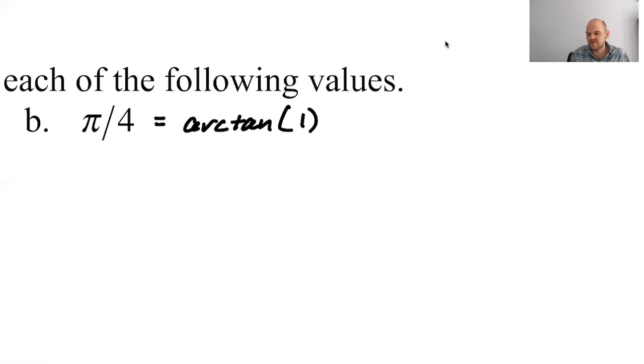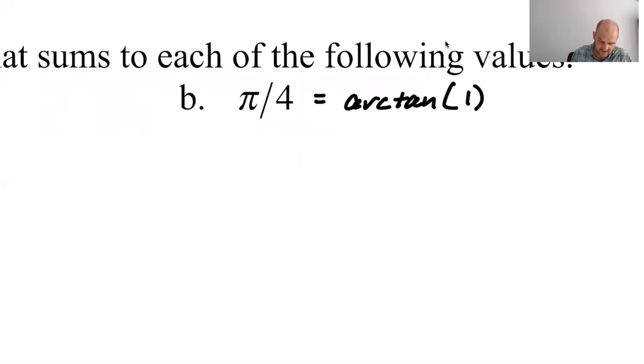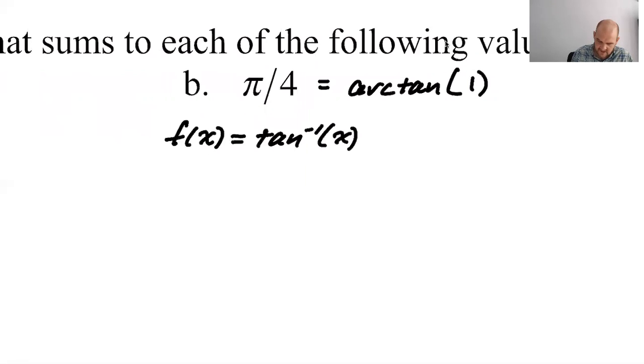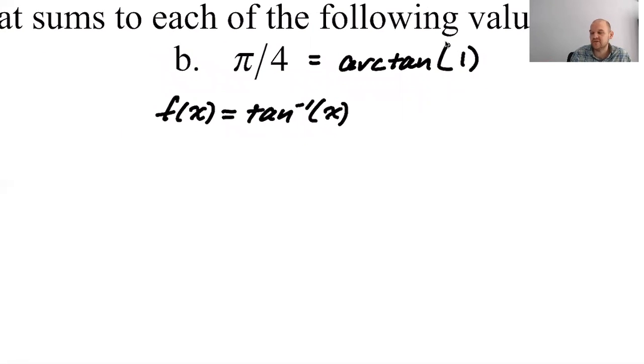So if I have a series for arctan and I plug 1 into it, it will be equal to pi over 4. So I'm going to find a series for arctan, or tan inverse. And I'm going to do this by using something we talked about in the last set of notes. I don't know a series for arctan, but I know the derivative looks geometric.